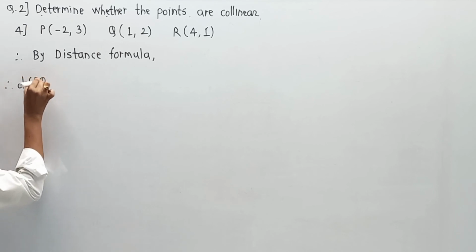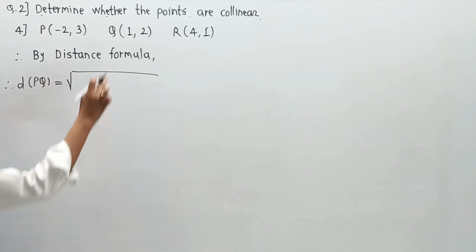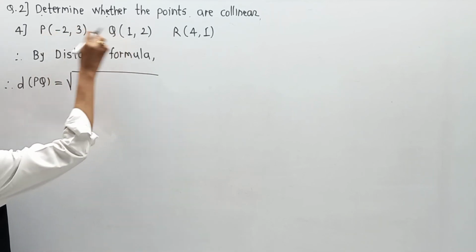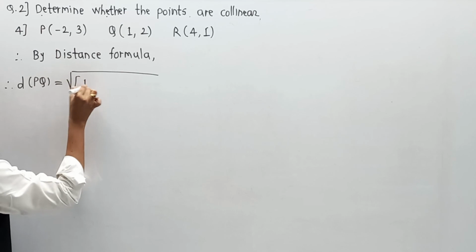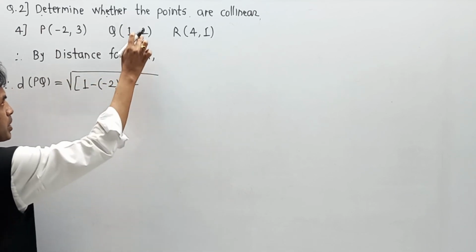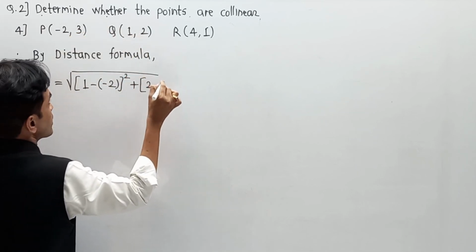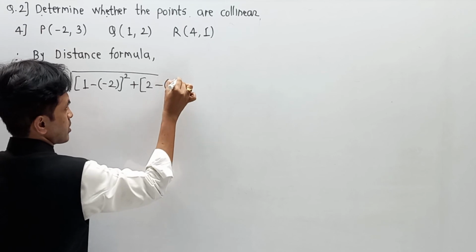Distance PQ is equal to under root of (x2 minus x1) square, so (1 minus of minus 2) square plus (y2 minus y1), (2 minus 3) square.